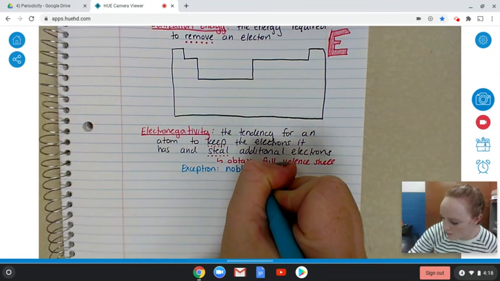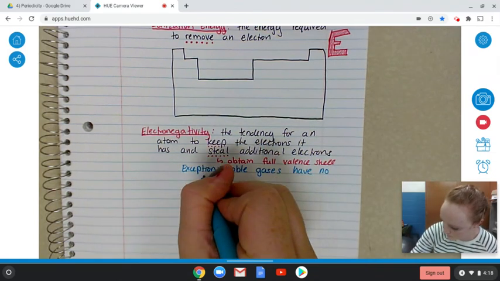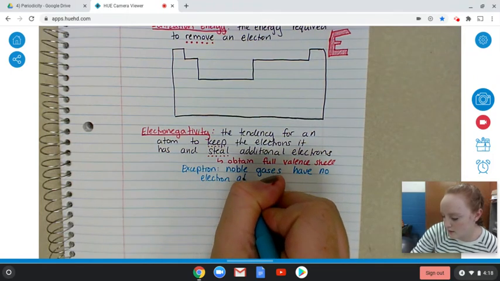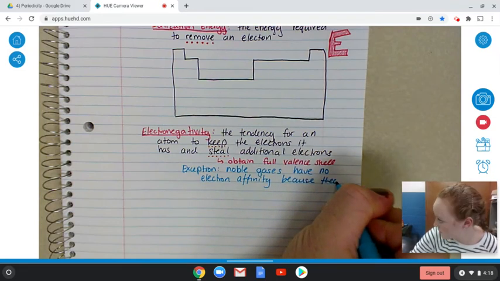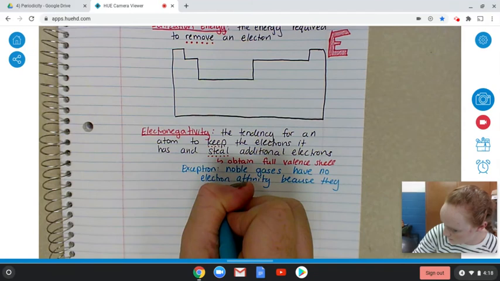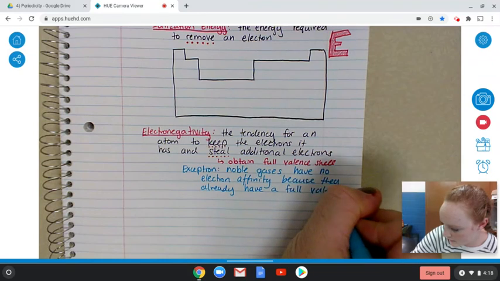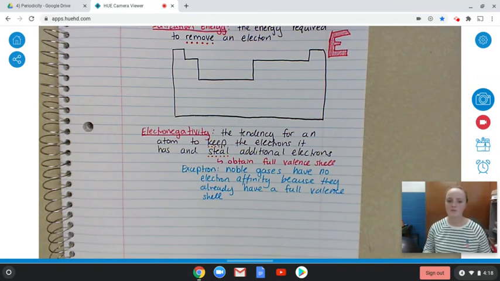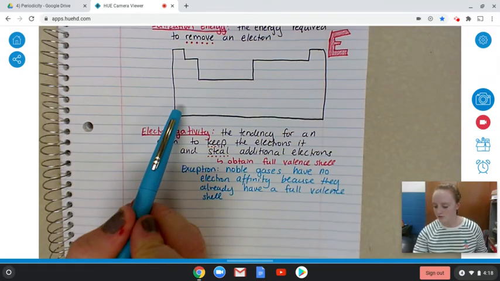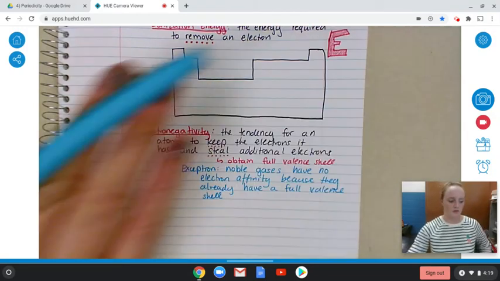So the exception, noble gases have no electron affinity because they already have a full valence shell. So they are going to keep the electrons that they already have, but they don't need to steal any more. So they're going to have a 0 value for electronegativity. So electronegativity is going to be high again in that upper right, except for you kind of got to cover up the noble gases. They're going to be a 0.